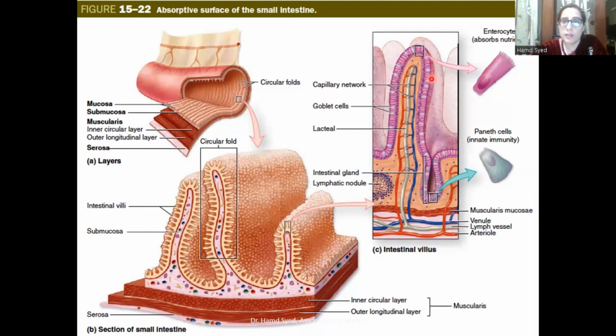Between these cells, scattered, are the goblet cells, also visible. Well, let's look at this invagination of the epithelial lining or surface. That is the intestinal gland or the crypt of Lieberkühn. So the villus and the crypt of Lieberkühn further increase the surface area available for absorption.